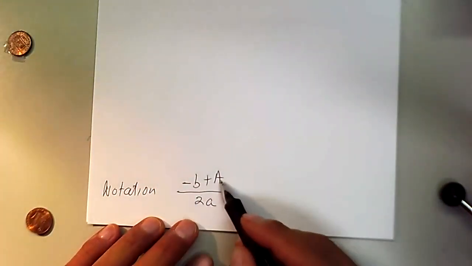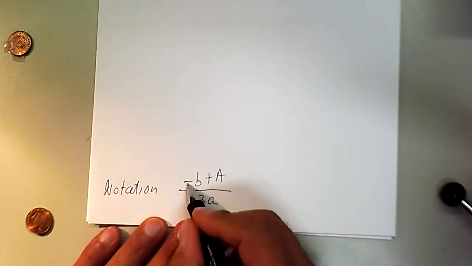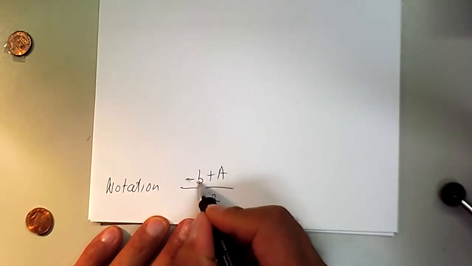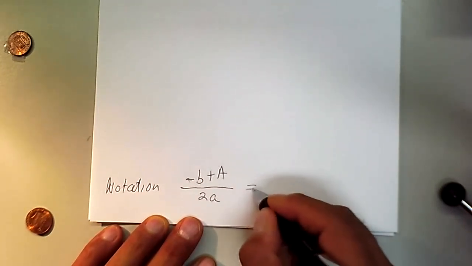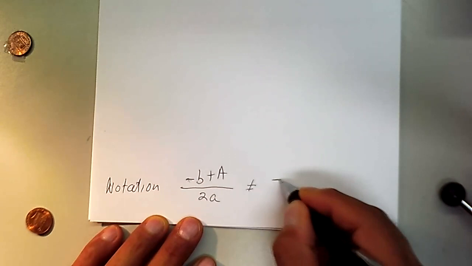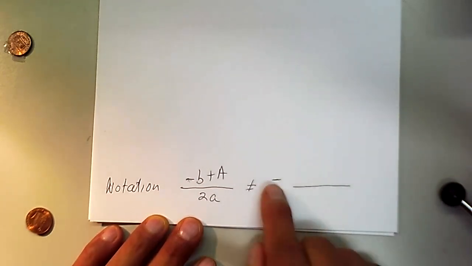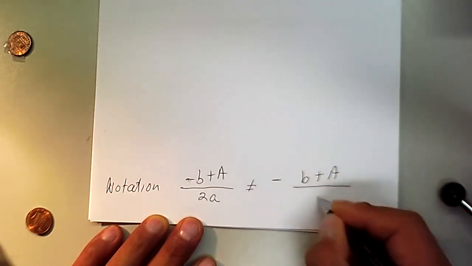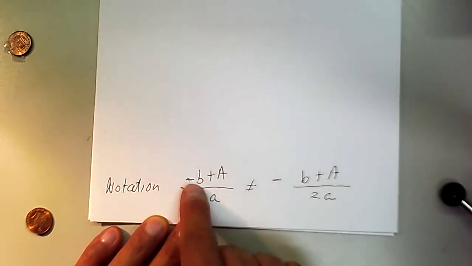So I just want to say something about the negative sign here. This negative sign should be clear to be affecting only this b. This is not the same as putting the negative outside of the fraction. Now, how do I know something is outside of the fraction if it's not above the line? So b plus a over 2a, those two are not the same because this negative is only working on the little b.